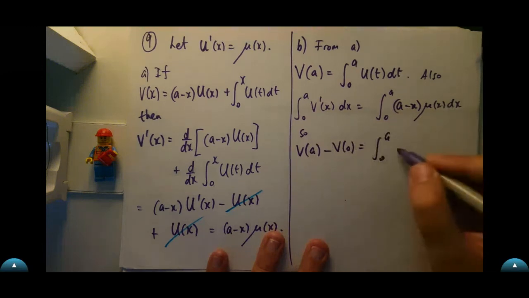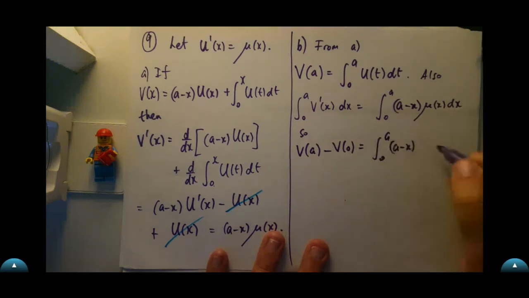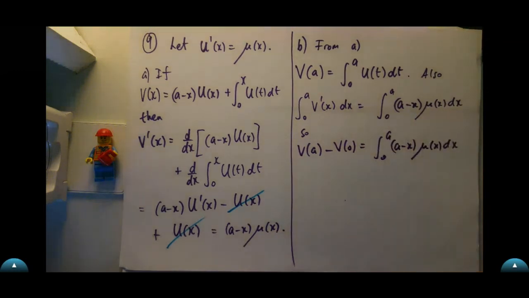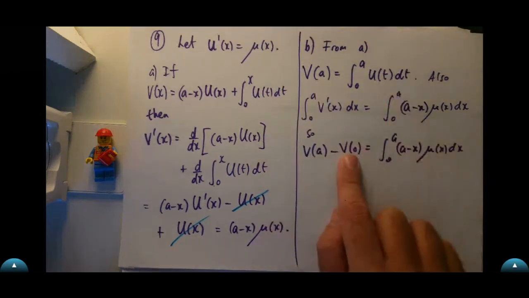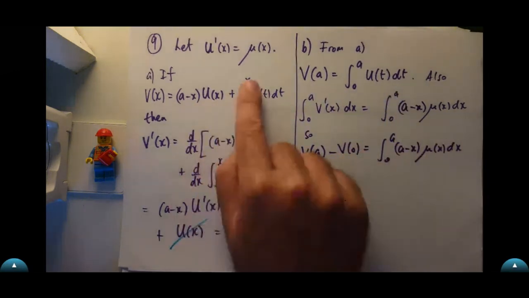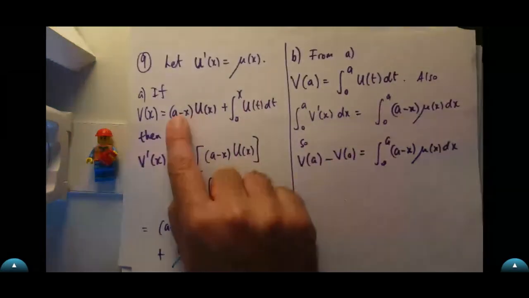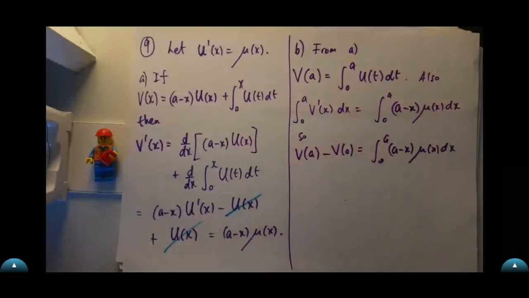We don't know what this is, but that's okay. Okay, and now let's go back over here. What is v of a? Well, we've got it up there. What is v of 0? Well, that'll disappear, and you'll get a times big U of x. Okay.